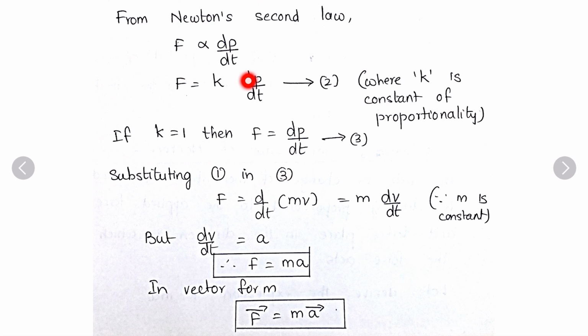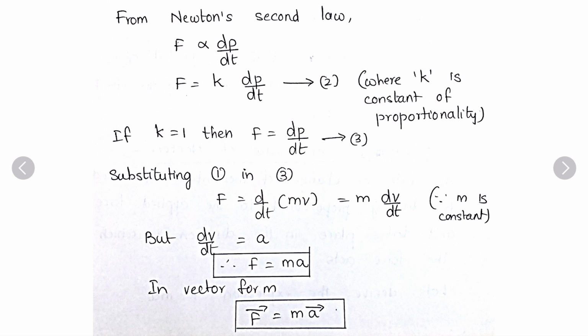After proportionality, in physics we always keep an equals sign with a constant k. So F is equal to k into dp by dt, where k is the constant of proportionality. Let us assume k is equal to 1, then F is equal to dp by dt. Let it be equation number 3.